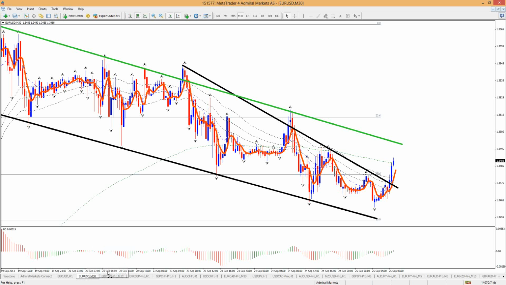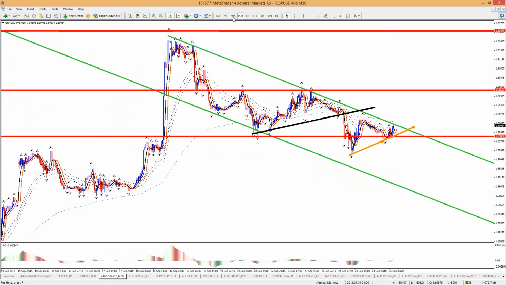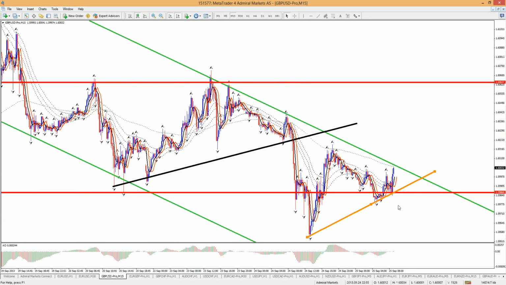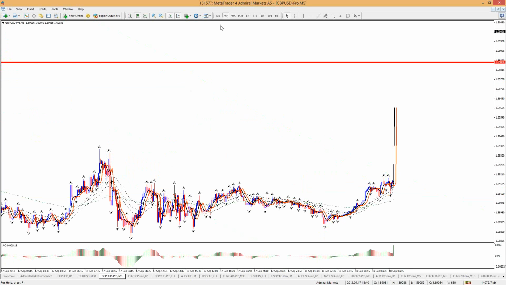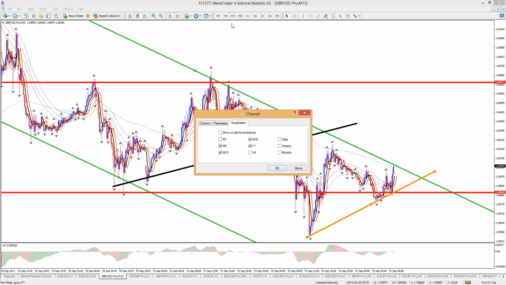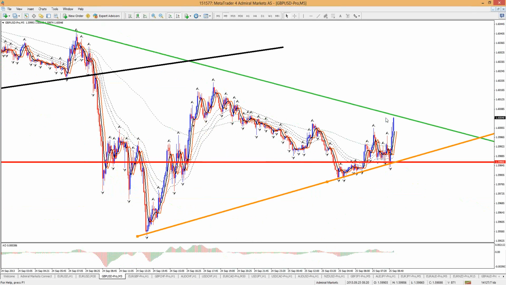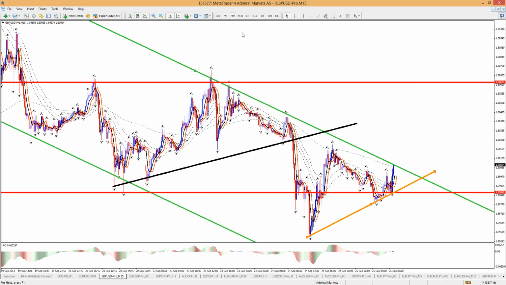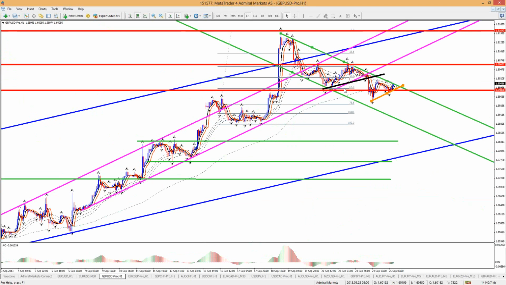Let's take a look. The euro pound is moving to the upside as well. Couldn't break the bottom of that triangle, approaching the trend line here too. Maybe it already broke. In fact, I didn't think about it. If we maybe adjust the channel. Ooh, there are a lot of lines here.